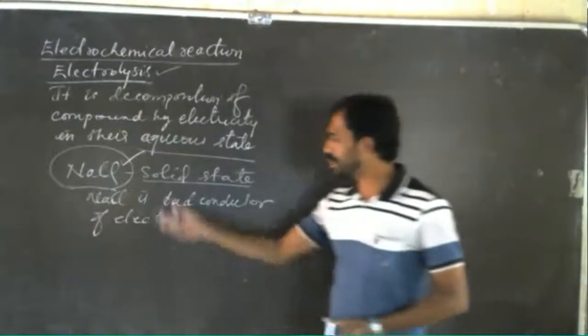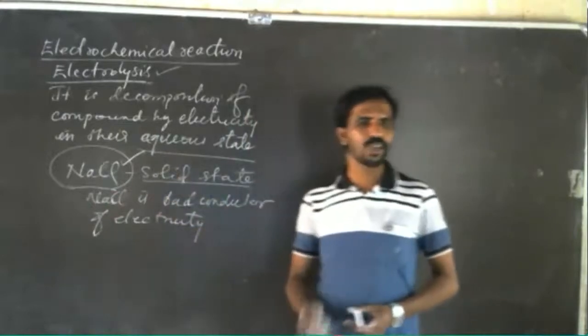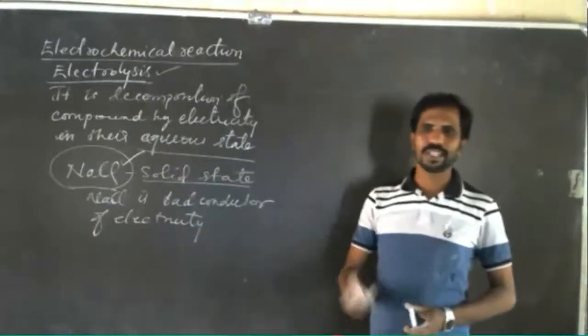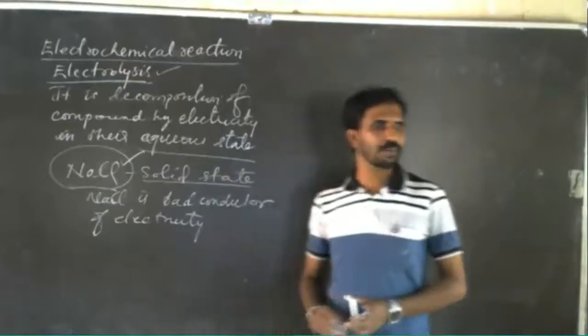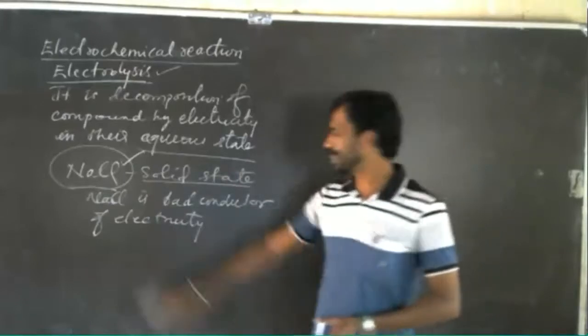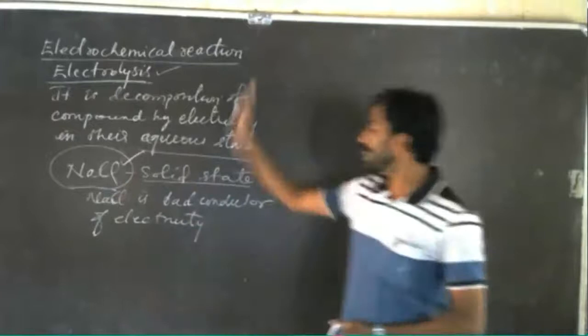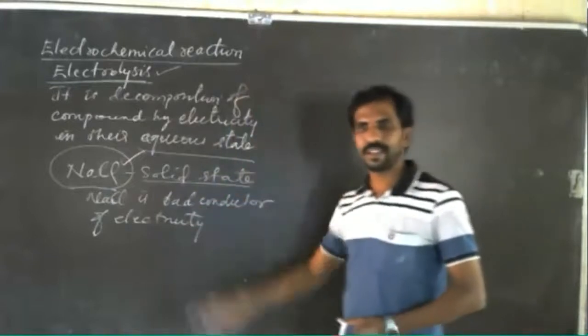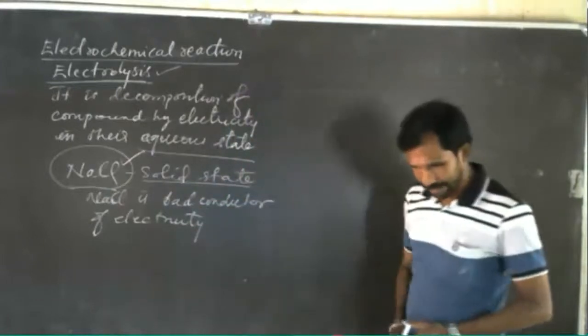A dissolved solution of any ionic compound is called an aqueous solution. Ionic compound, we will learn it later in the metals and non-metals chapter. You just remember this. Again, it is going to repeat in the metals and non-metals chapter.